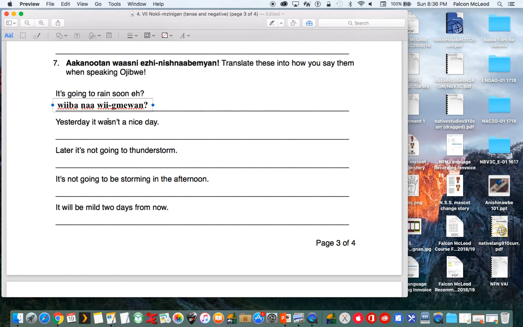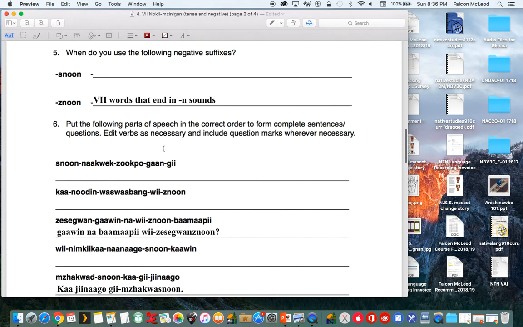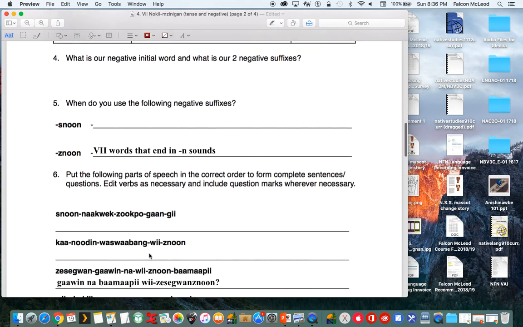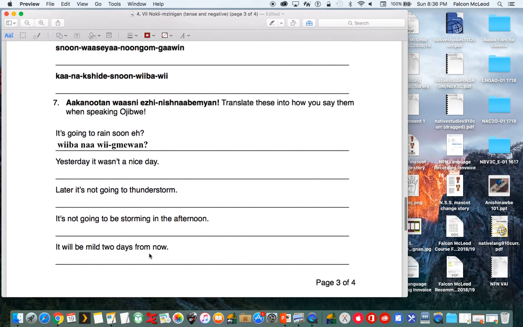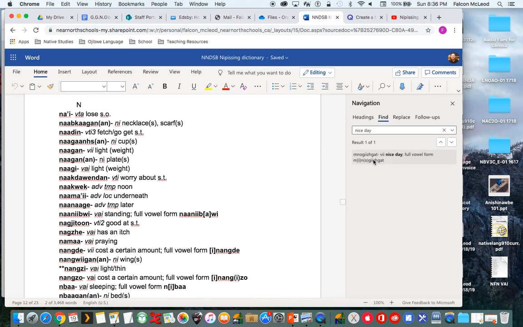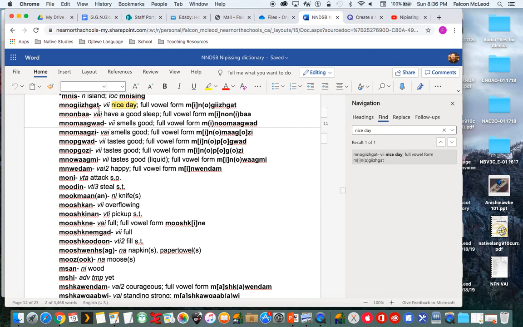All right. So make sure to go through all these. And if you don't know these words, make sure to use your dictionary or to utilize this section so you know which one's which. You can also highlight some of these words and look them up in the dictionary. Let's see if this one will come up here. Nice day. There we go. Nice day. Nagishkat. Let's go with thunder storm.